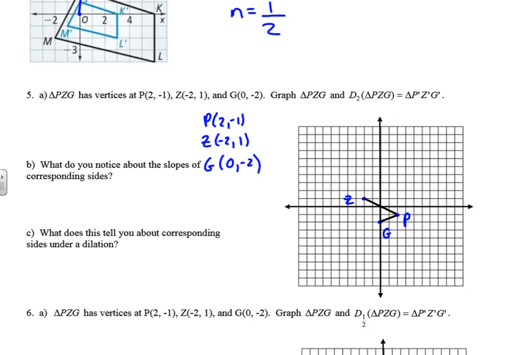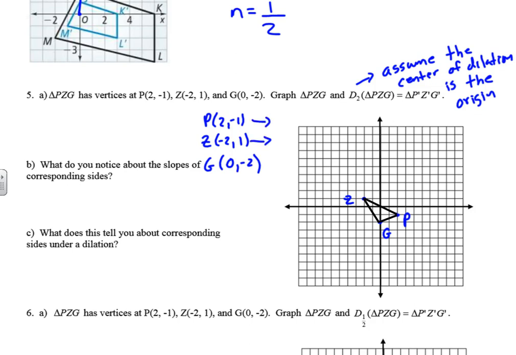Now what you'll notice is that in this dilation, they don't give us a center. When you don't get a center of dilation, you're going to assume the center of dilation is the origin. And the nice thing about the origin is all we have to do to find this image is to multiply the x value and the y value by 2.